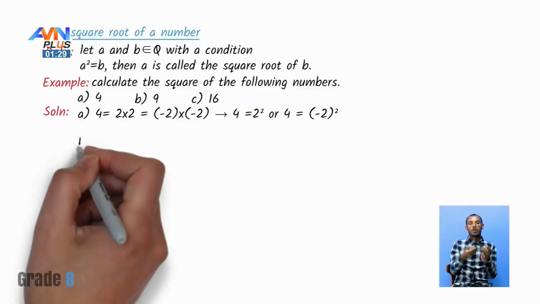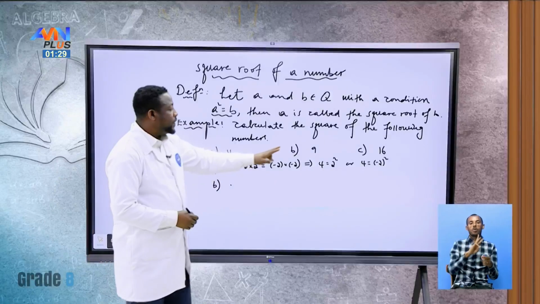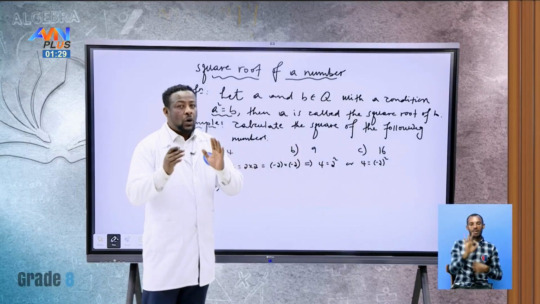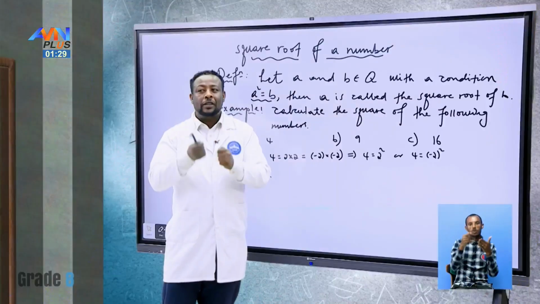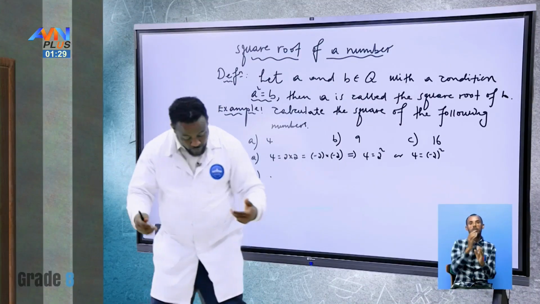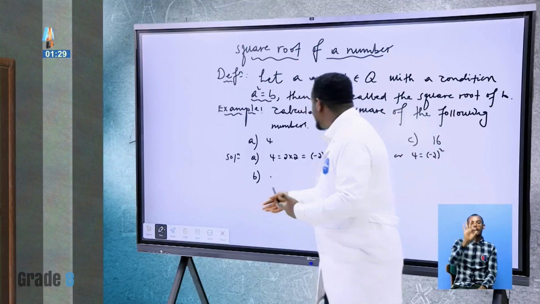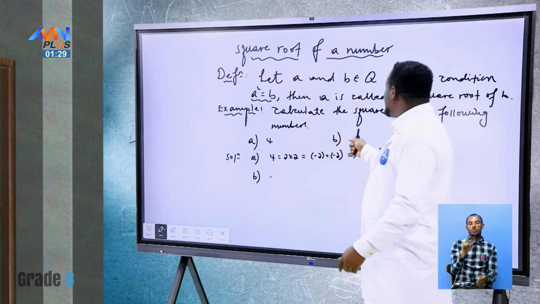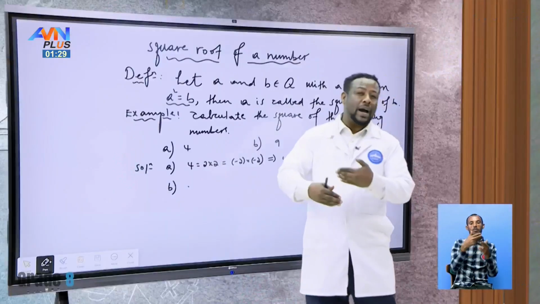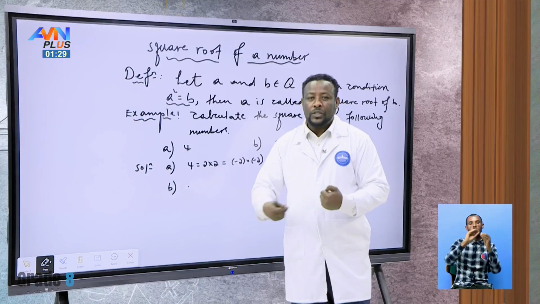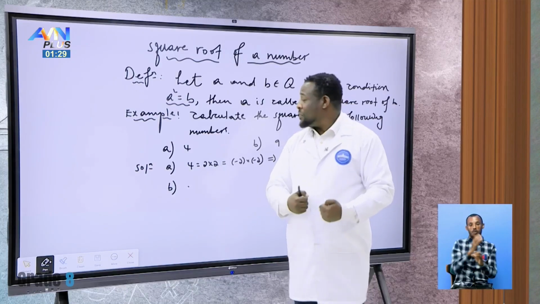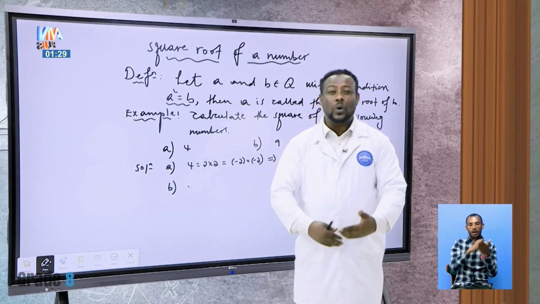When we come to the b part, we have 9. The first thing that you need to do here to calculate the square root of 9 is to rewrite this number as a product of two identical numbers. So can you guess how we can write 9 as a product of two identical factors?